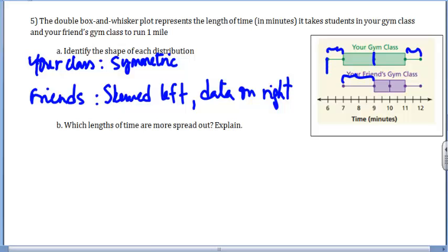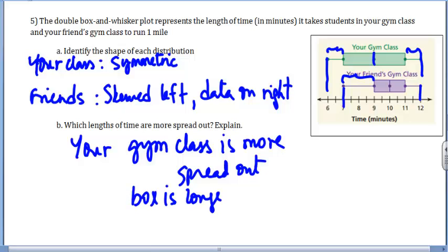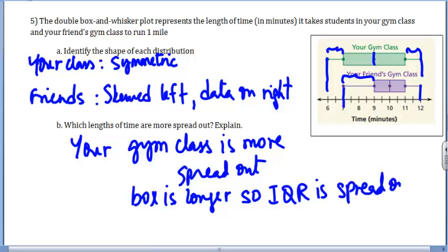Your class starts here and ends here, whereas these guys start here and end at the same spot. So your gym class is more spread out. And you can say that the box is longer, so the IQR is more spread out.